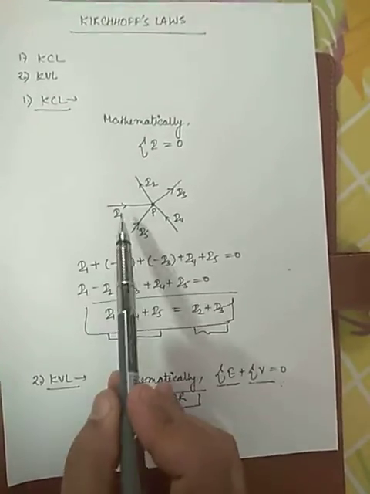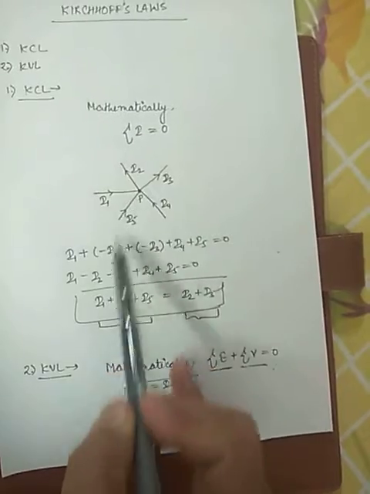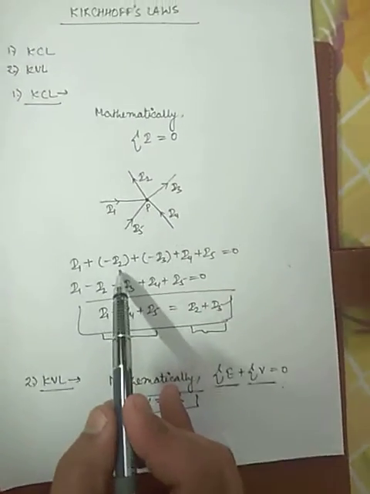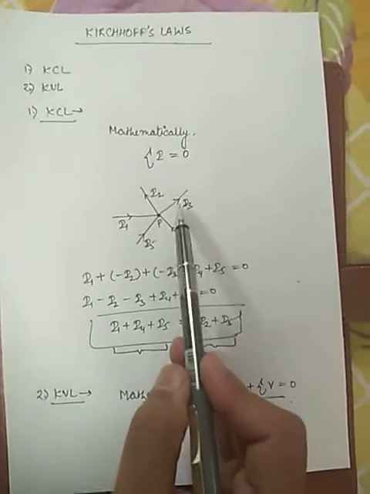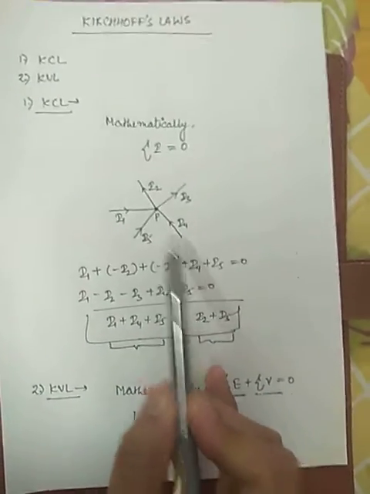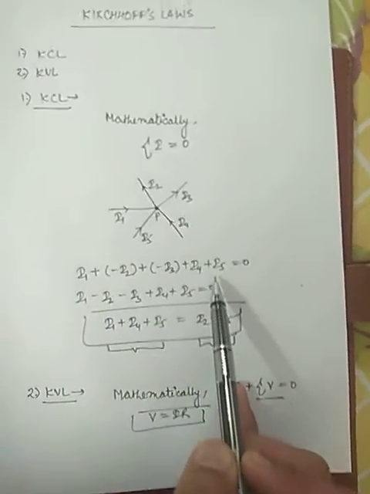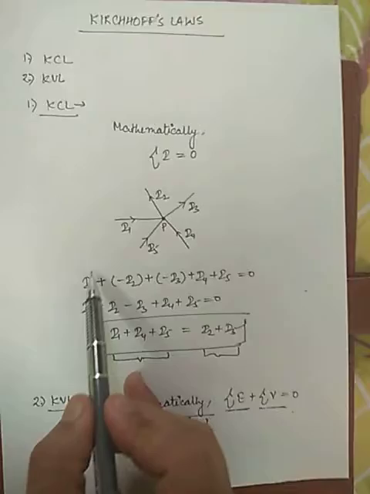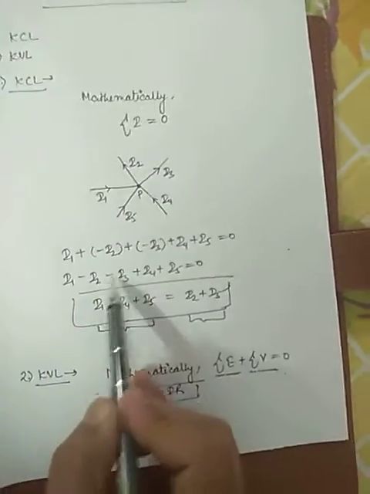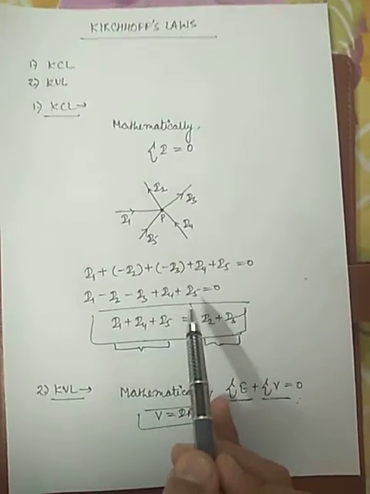So I1, minus I2 because it is leaving point P, minus I3 because it is also outward, plus I4 because it is incoming, and plus I5 because it is also incoming, is equal to 0. So the algebraic sum of all the currents meeting at a point is 0: I1 minus I2 minus I3 plus I4 plus I5 equals 0.